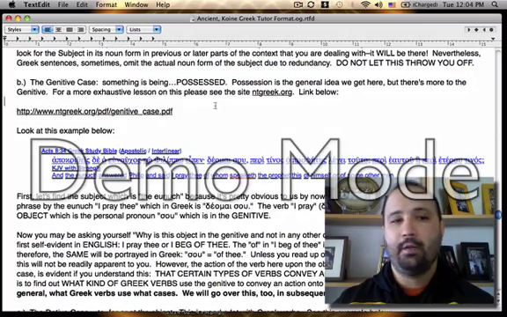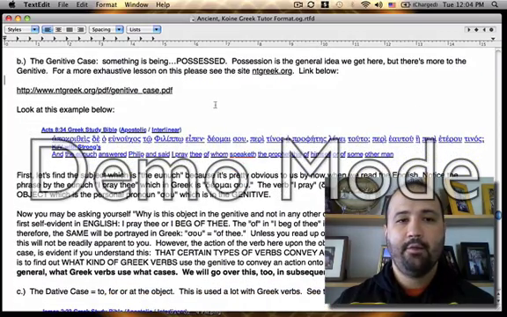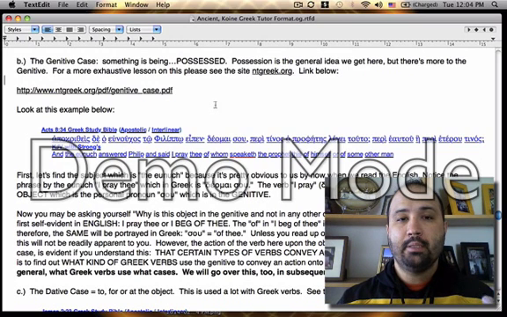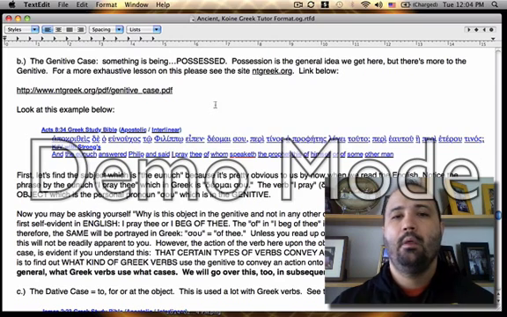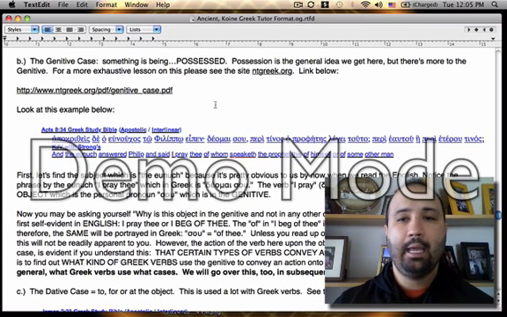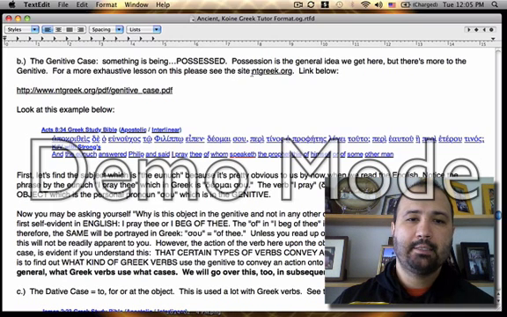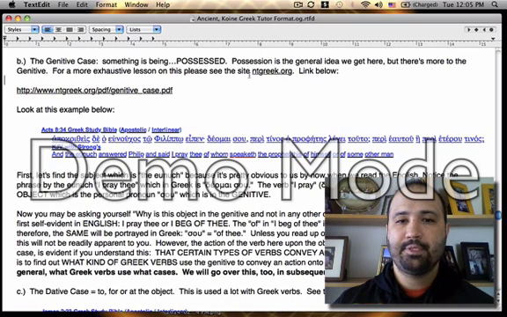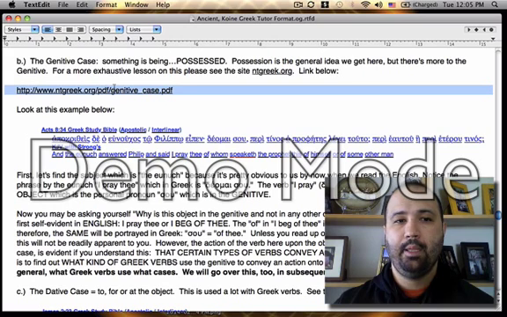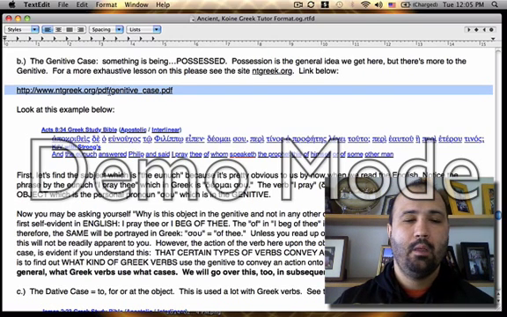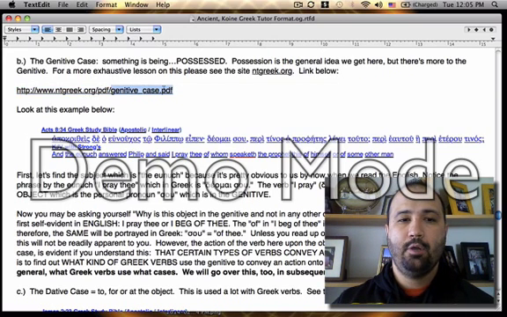Now, let's go over the genitive case real quick. The genitive case, something's being possessed, because genitive deals a lot with possession, right? Possession is the general idea we get here, but there is more to the genitive. For an exhaustive lesson on this, please see the website newtestamentgreek.org, and you can go here to this link, copy and paste it in your browser, and it's going to show you basically more uses of the genitive case.